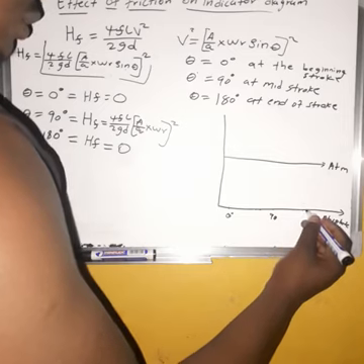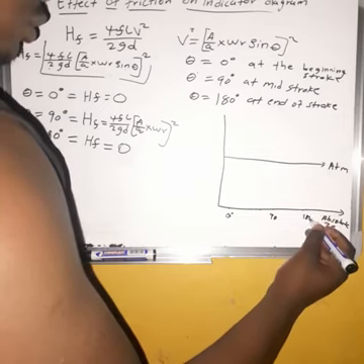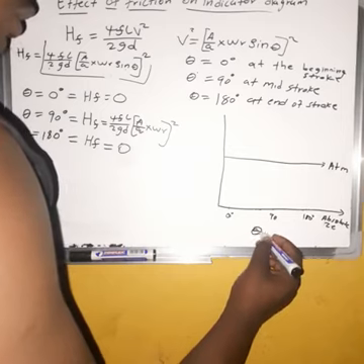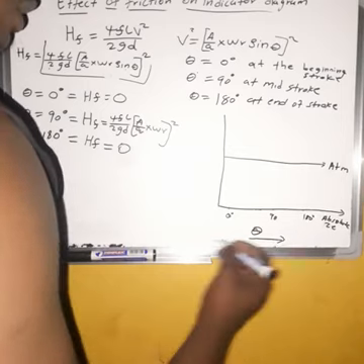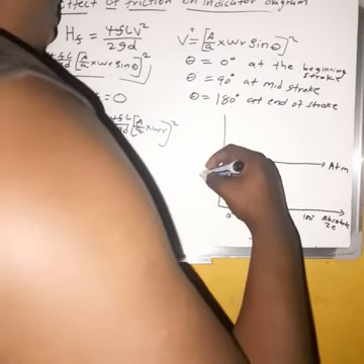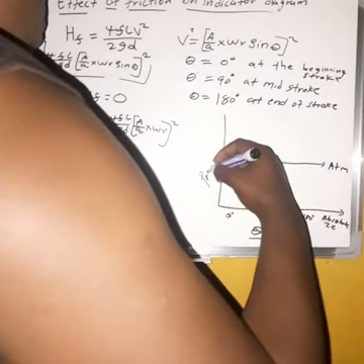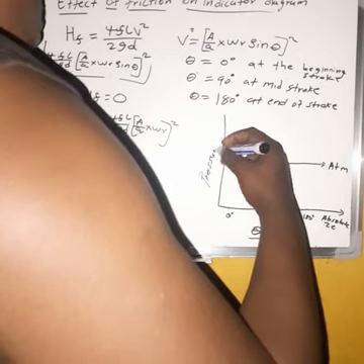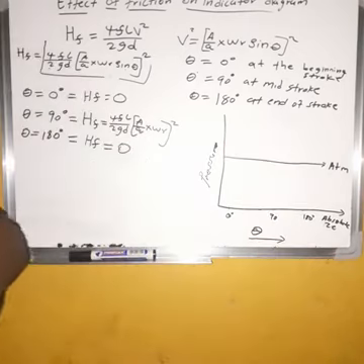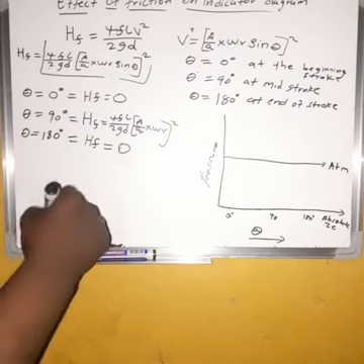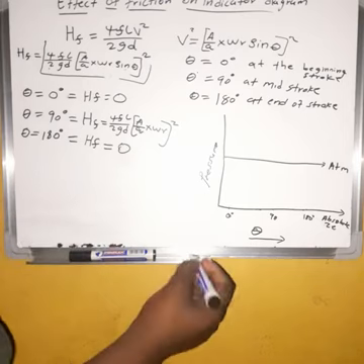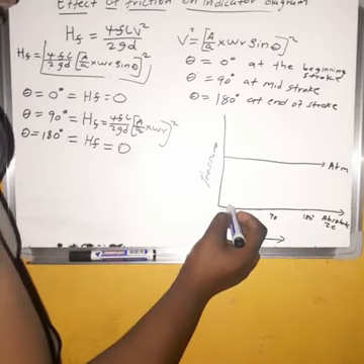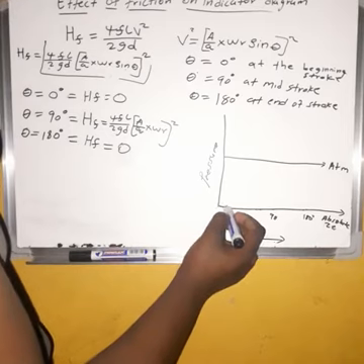There, say 180. You know this is theta. Go in that direction. Here it's pressure. Here it's 0. I decided to put 0 here, not here.